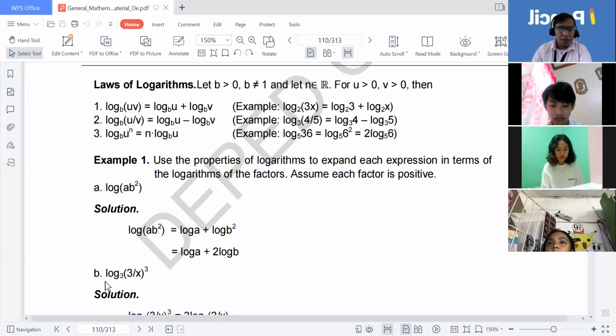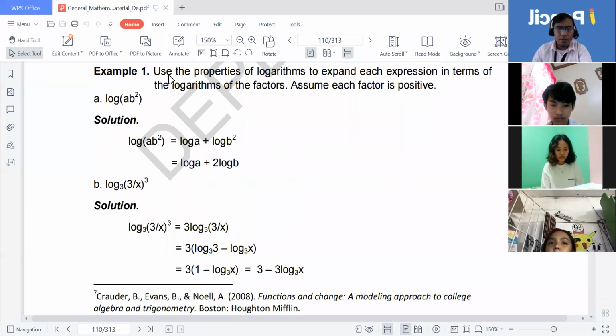So for letter B, there is an exponent here, so that exponent can be written beside it. From here it will be 3 log of 3 over x base 3. And this portion is the quotient, so the law of logarithm under quotient can be applied.